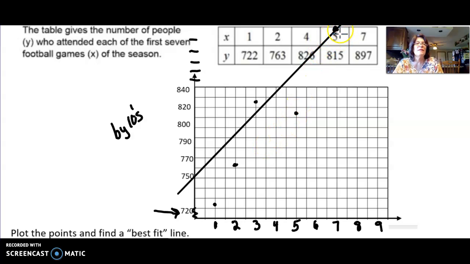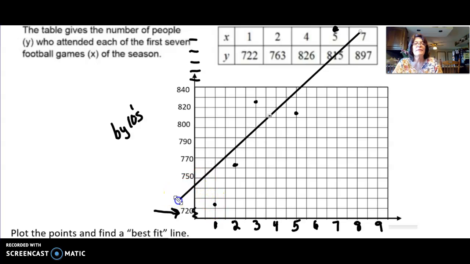And maybe this sixth or this seventh game might be a little higher than what most people, maybe that shouldn't be there. Maybe it's more like this. Okay. If I go like so, right down the center, then I have 2 points above my line and 3 points below my line. Okay.